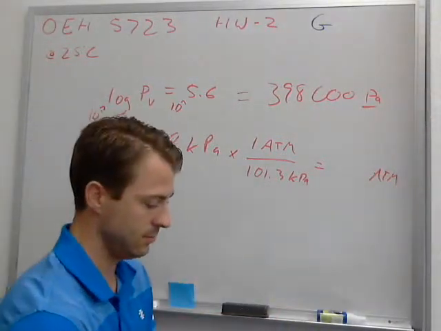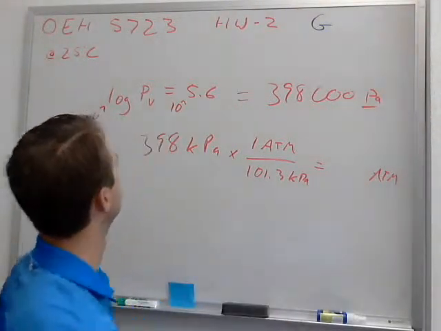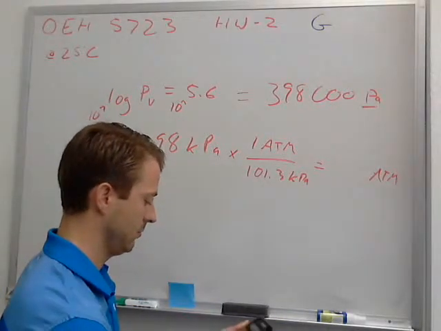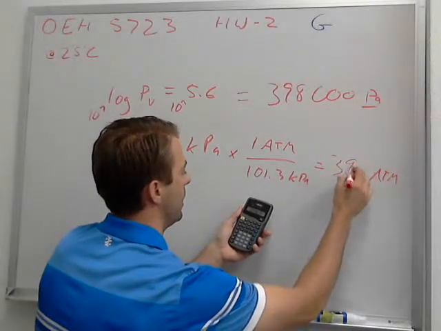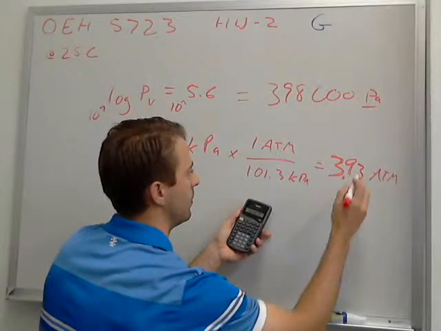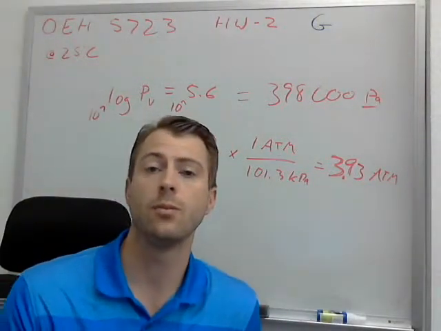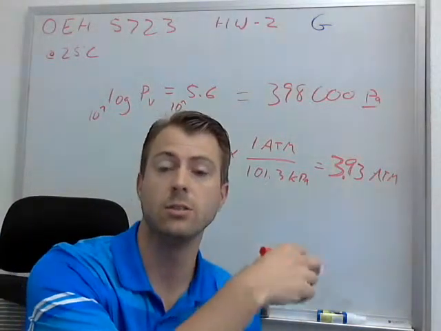So divided by 101.3, right, I didn't do my thousands. It's 3.93. So 3.9, roughly 4.